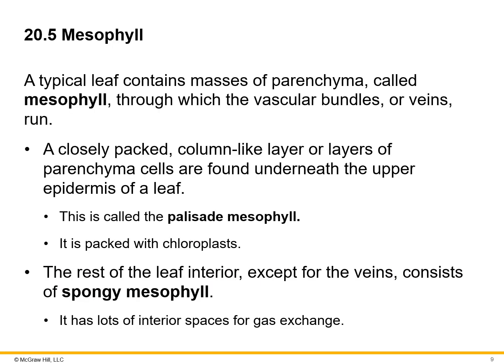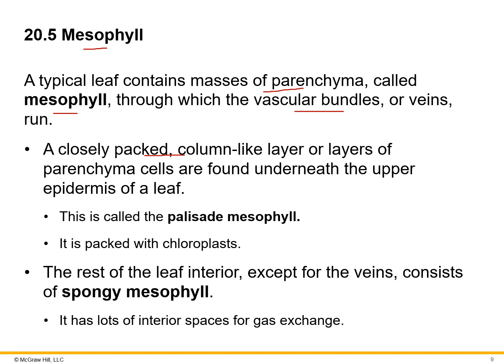All right, now looking at our mesophyll. A typical leaf has a massive amount of parenchyma, those actively functioning, photosynthesizing cells that make up what's called mesophyll. And that's where the vascular bundles or veins are going to run.